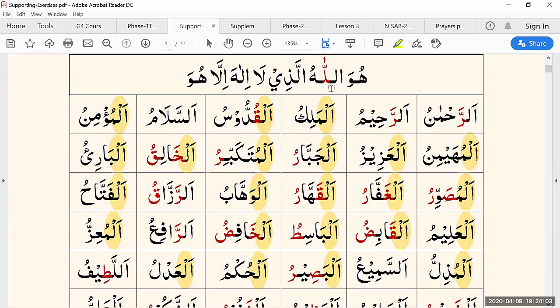Now I would like to request the ST to pick a student. L281. Yes, she is there. L281, Assalamu alaikum. She is on mute. Let me check.